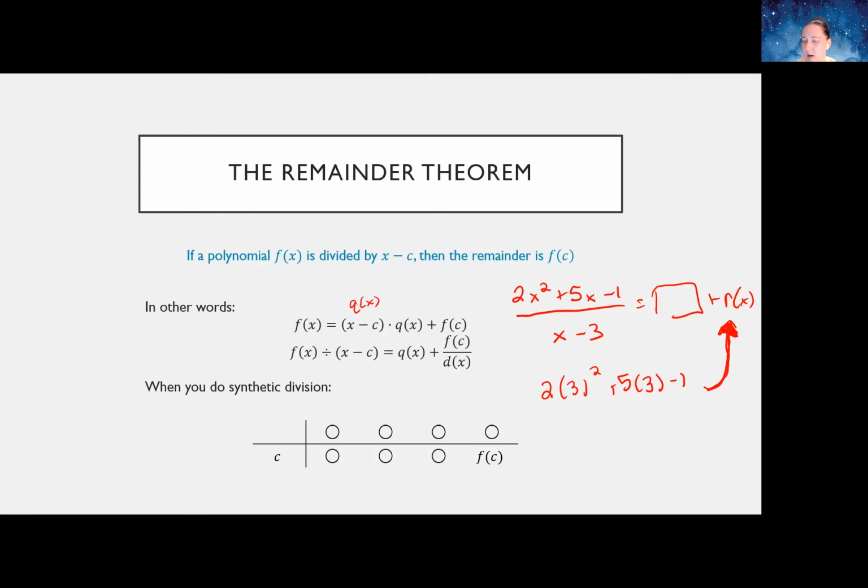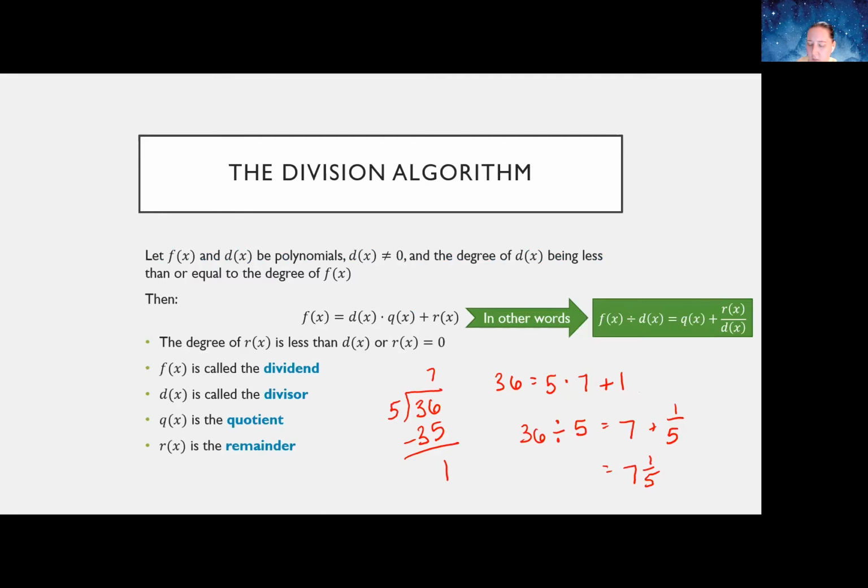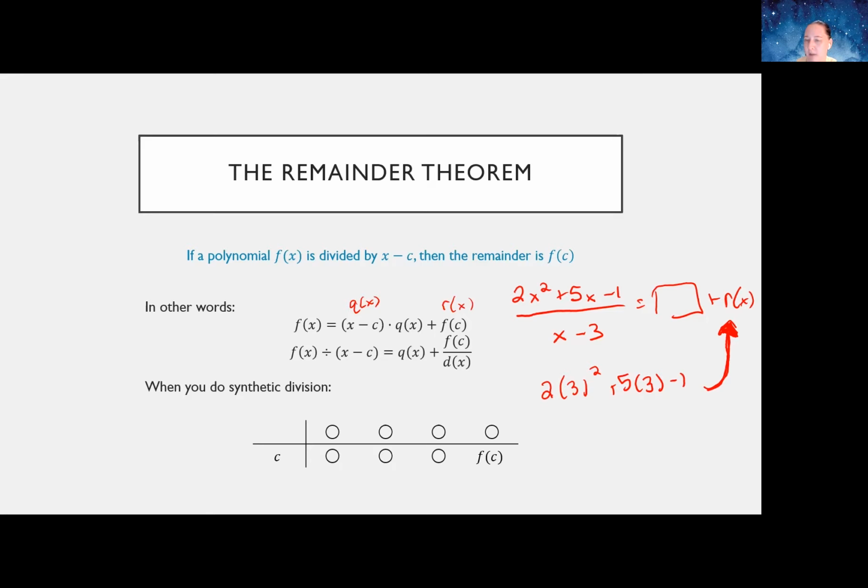We're dividing by x minus a number, and then your remainder is equal to the function at that number. So I've just replaced what we had with the division algorithm with these specific things. We're dividing by x minus something or x plus something.